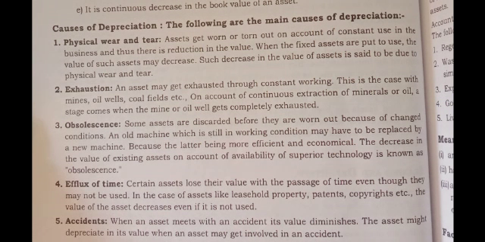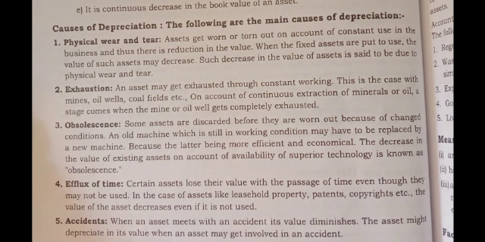Even though you have kept that machinery within an organization or within a room, with so many facilities, maybe AC facilities, and daily you are washing that machinery, whatever you do towards that fixed asset, the quality may decrease due to wear and tear.